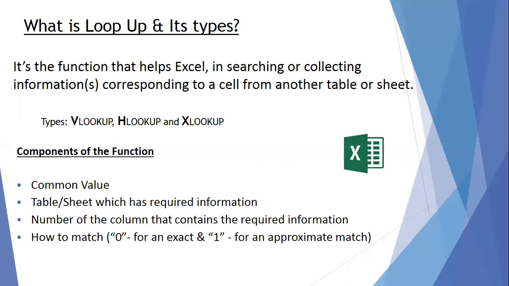We should also have the knowledge of the column number in which the required information is present. And we should also know how to match this information, whether we need an exact match or an approximate match. In case of an exact match, we should use a 0. In case of an approximate match, we should use a 1. Let's go and try it.